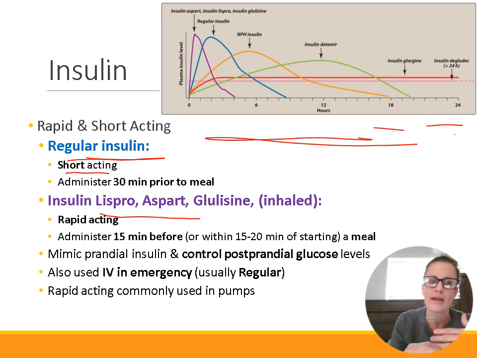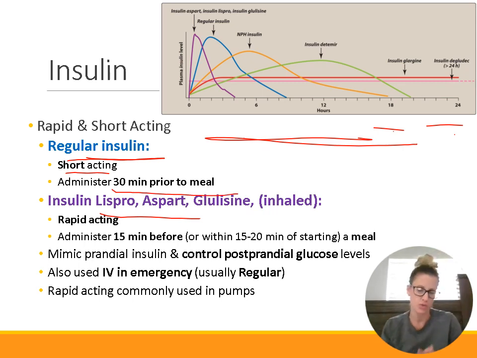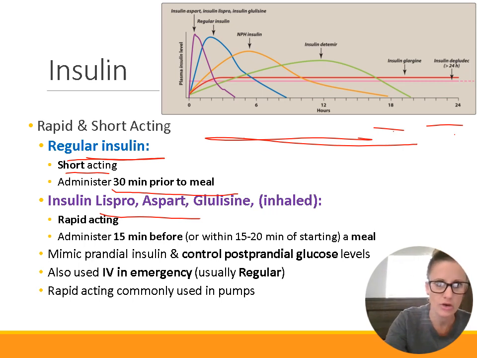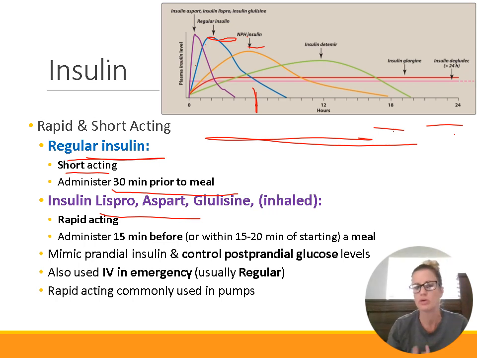It's usually given 30 minutes prior to a meal, meaning it's used for mealtime bolus. You can see it here in blue. It comes up to a really high peak, doesn't last too long, and out here by 4 hours, it's much lower.